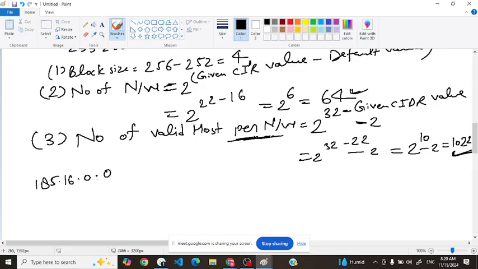185.16.0.0. So the first IP address will be 185.16.0.1 and it will go up to 185.16.0.255. But what is the block size? Block size is 4.